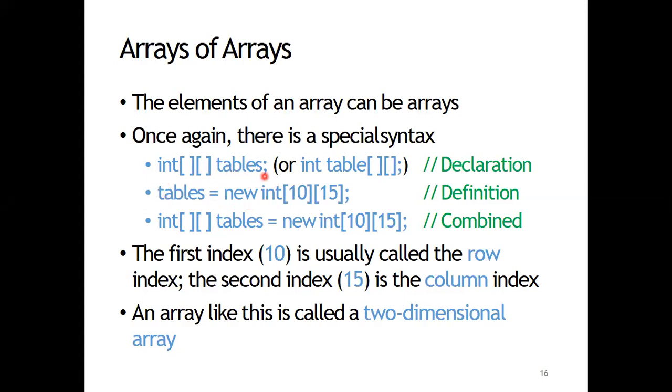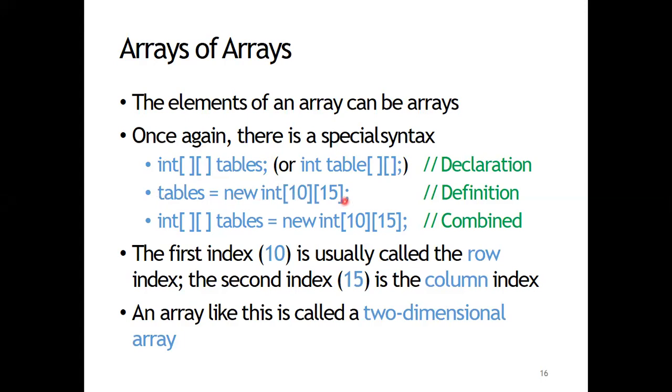Once we declare the array, then we have to define it, which means we have to define the size of the array. So here you have to enter the size of the array.